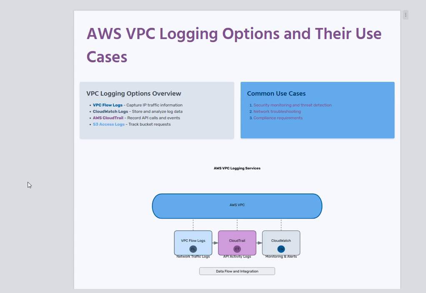So, VPC logging options: we can collect the following logs through these services. VPC Flow Logs capture IP traffic information, what sort of traffic is coming into your VPCs and how it goes through them.